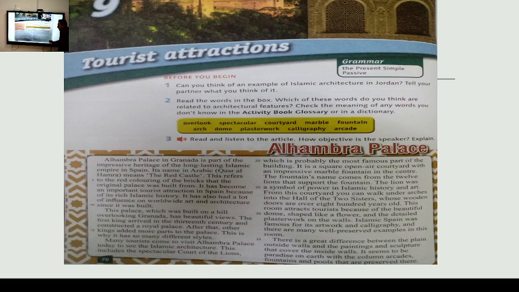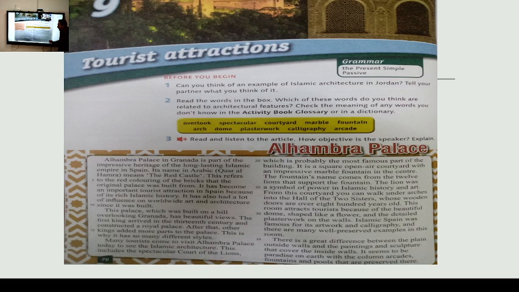Many tourists come to visit Alhambra Palace today to see the Islamic architecture. This includes the spectacular Court of the Lions, a very famous part of the palace to be visited. Now let's see the story of this part in particular.